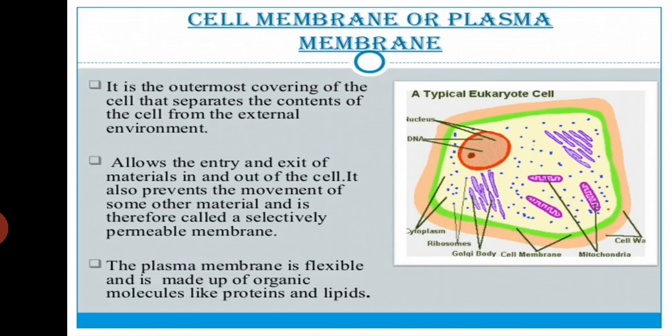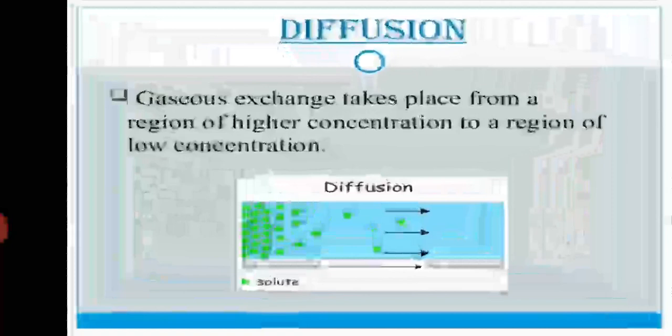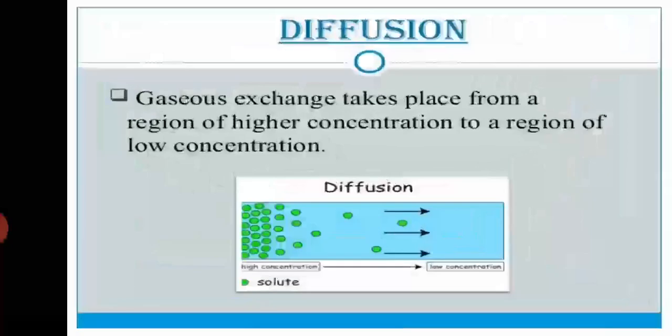That's why the structure of a plasma membrane is denoted as phospholipid bilayer. It is composed of lipids and proteins. As I have told you, it allows the entry and exit of some material in and out of the cell. That is why it is called selectively permeable membrane.